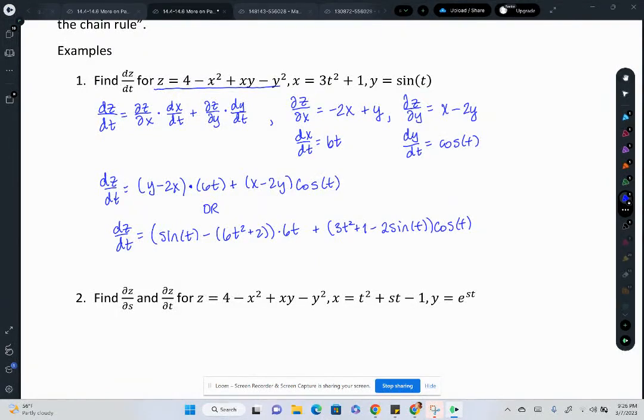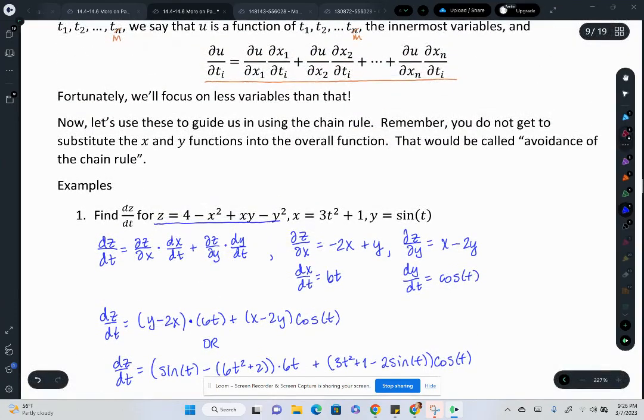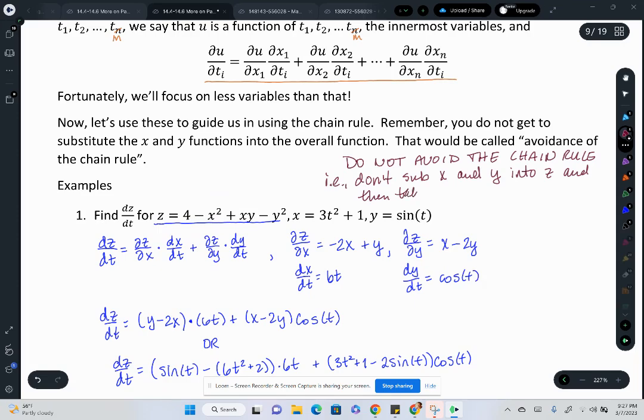Here's what's not acceptable. Do not avoid the chain rule. In other words, don't sub x and y into z and then take the derivative.